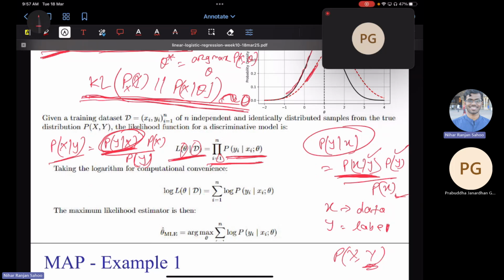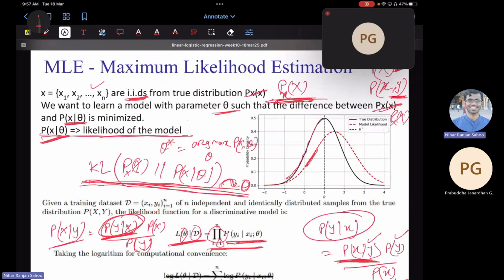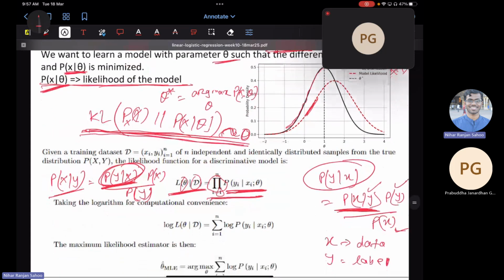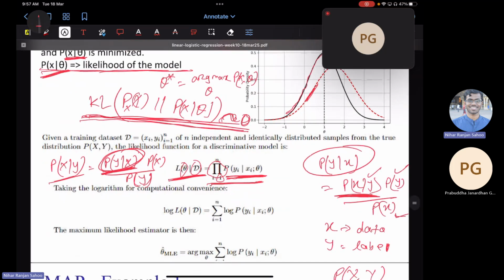This multiplication is coming from the IID assumption. Because all data points are IID, to compute the likelihood we can just multiply them, because they are independent of each other. In machine learning, or in any scenario where you are using probability, it's easy to convert all the probabilities into log form.